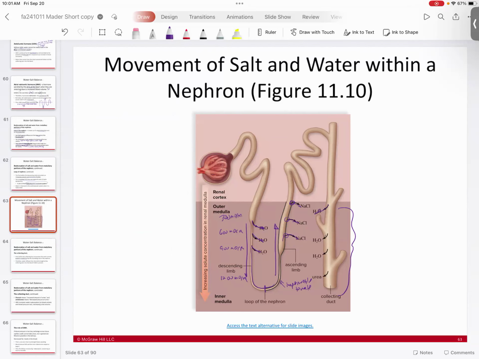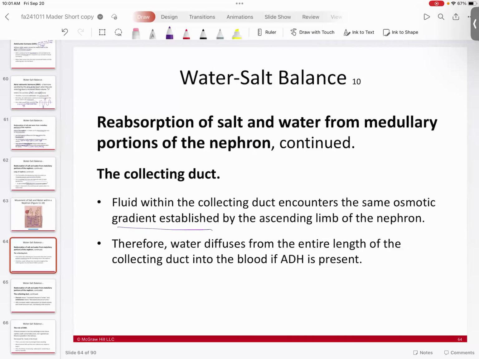So it's going to be sucking water finally out of the collecting duct as it goes down, heading toward the renal pelvis. So water will basically diffuse during the entire length of the collecting duct if ADH is present. This is what creates permeability in the collecting duct.